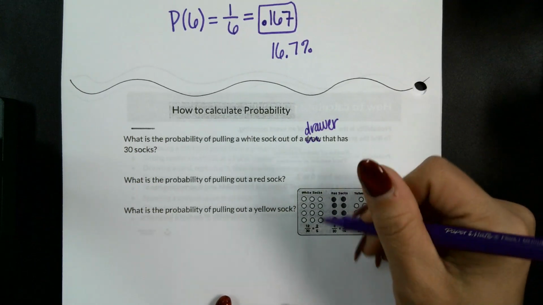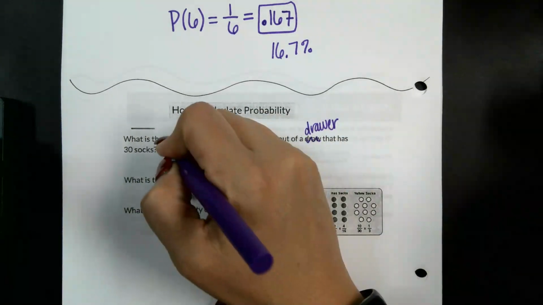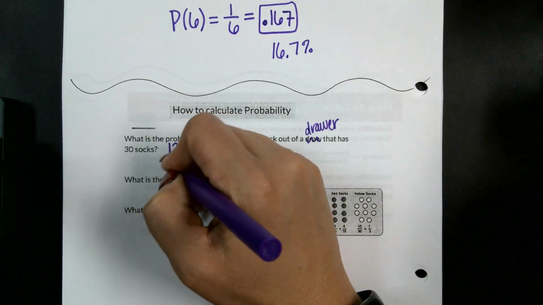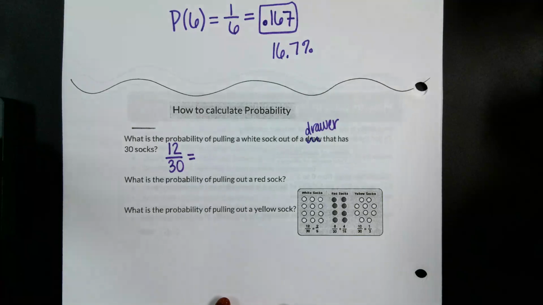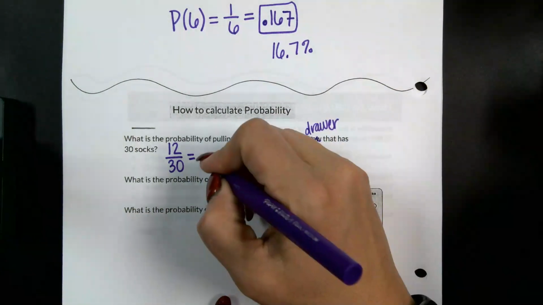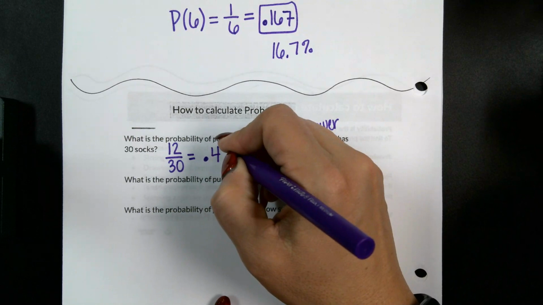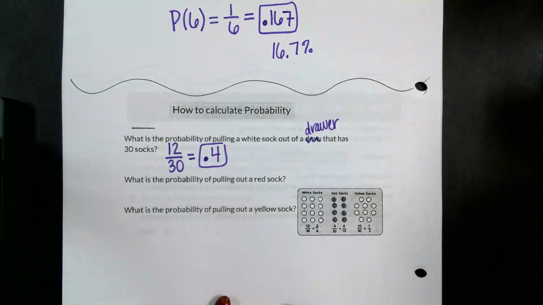You can look down at your paper. There are 12. Okay, so do this. We start with 12 out of 30, and then just go ahead and type that into your calculator for me. Type in 12 divided by 30. Just 0.4? So you don't have to do any rounding there because it's only 1 digit after the decimal. So 0.4 would be our answer.